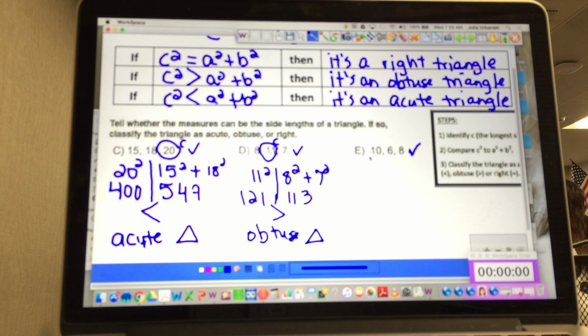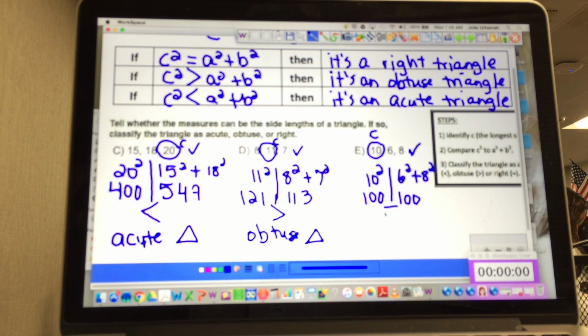And letter E. Which one stands for c? The 10. Good. So if that's c, then you start off with 10 squared and you compare it to 6 squared plus 8 squared. 100 on both sides, right? Yeah.